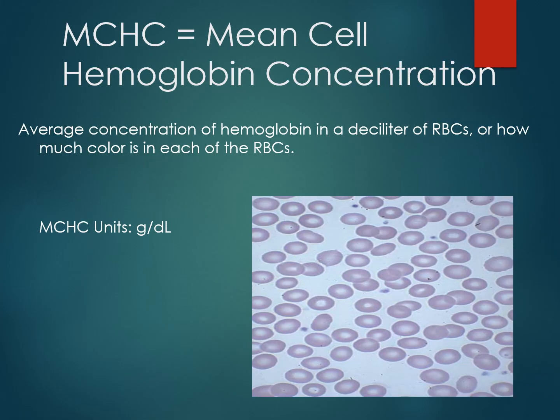Now, don't get confused between your MCH and your MCHC. Your MCHC is mean cell hemoglobin concentration. So that is essentially the average concentration of hemoglobin in 1 deciliter of red blood cells, or basically how much color is in each of the red blood cells as a cumulative measurement. So MCHC units are measured in grams per deciliter, so weight per volume.